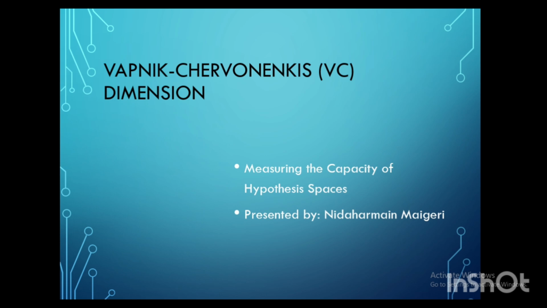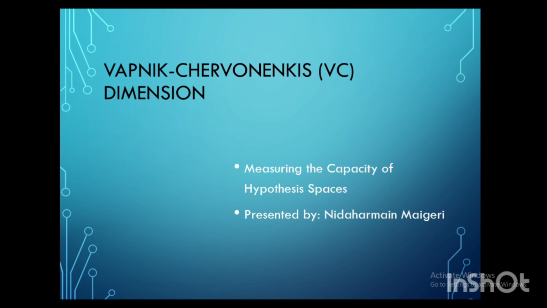So let's go with the very important topic of machine learning, which is VC dimension. So what is VC dimension basically? VC dimension is a core topic of machine learning.